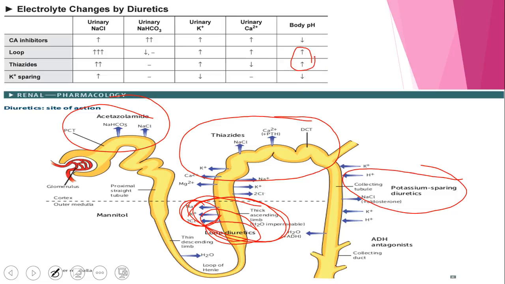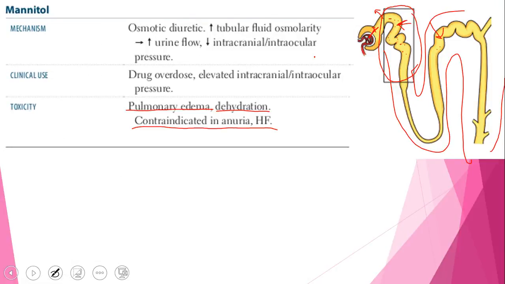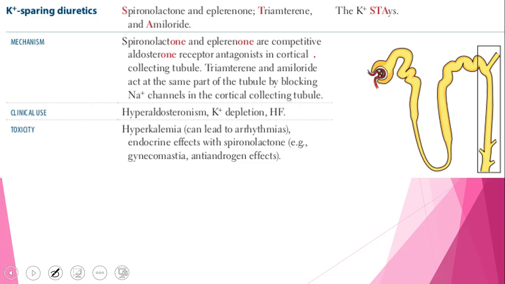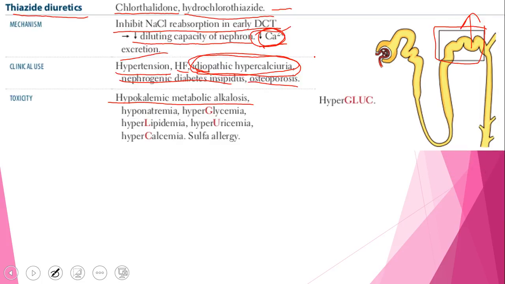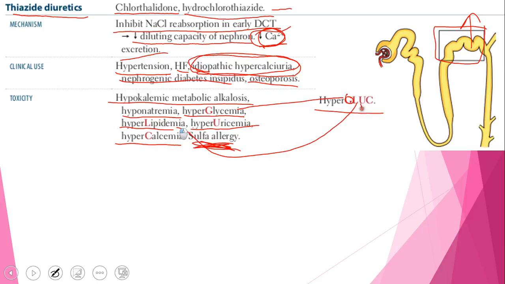Both are going to increase the body pH, making your blood more alkalotic. Also can cause hyponatremia, hyperglycemia, hyperlipidemia, hyperuricemia, hypercalcemia, and also associated with sulfa allergy. So hyperGLUC, I guess the G is for glycemia, the L is for lipidemia, the U is for uricemia, and the C is for calcemia.